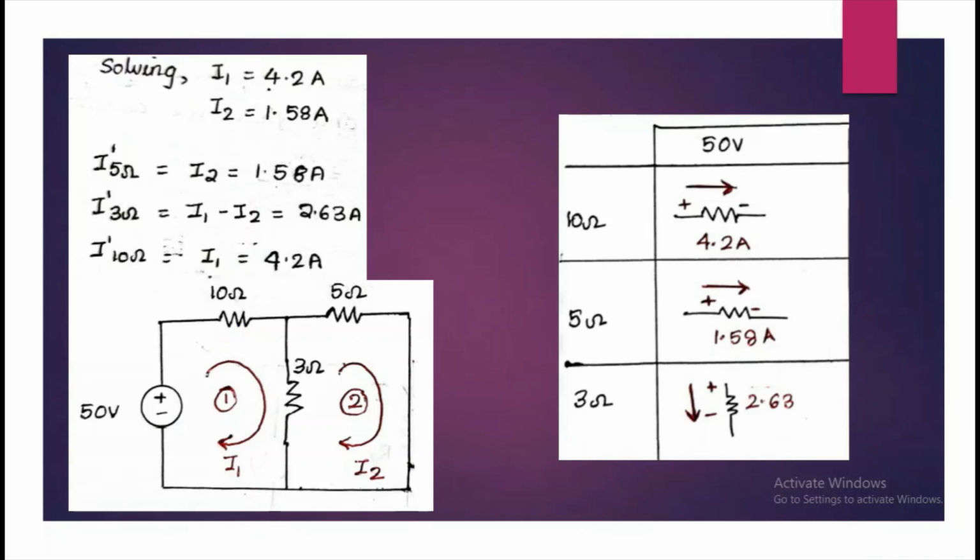That is because I1 is greater than I2 and I1 and I2 are in opposite directions. So the direction of the current will be that of I1 and the magnitude would be I1 minus I2. So for ease of understanding, it can be written as a table as shown here.